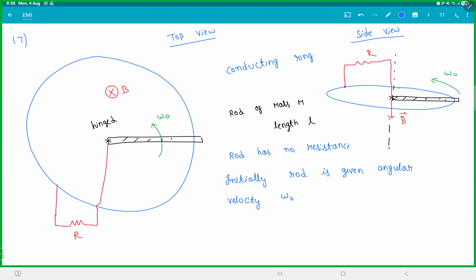Find omega of the rod as function of time t. So something happens. This rod actually starts slowing down. You can neglect any gravity. It doesn't matter. First, figure out why is the rod slowing down.